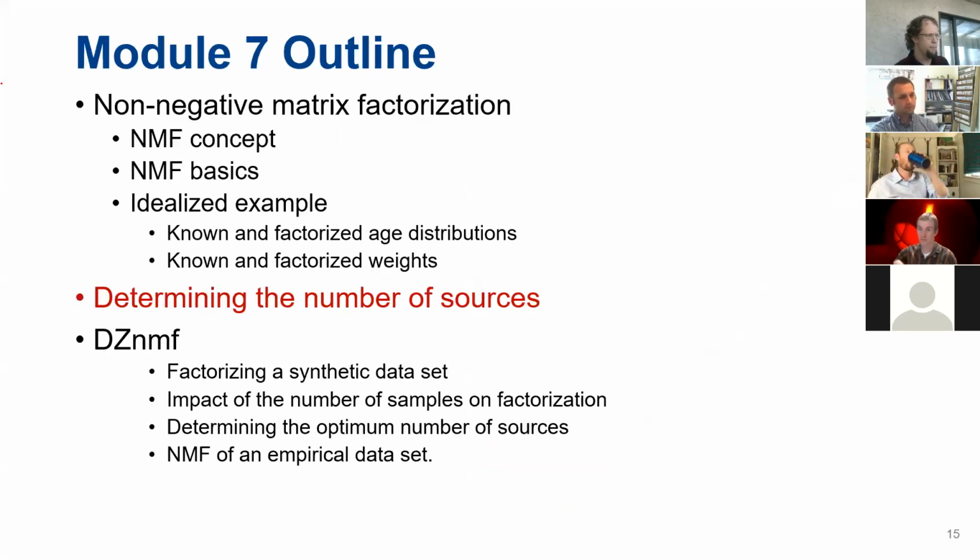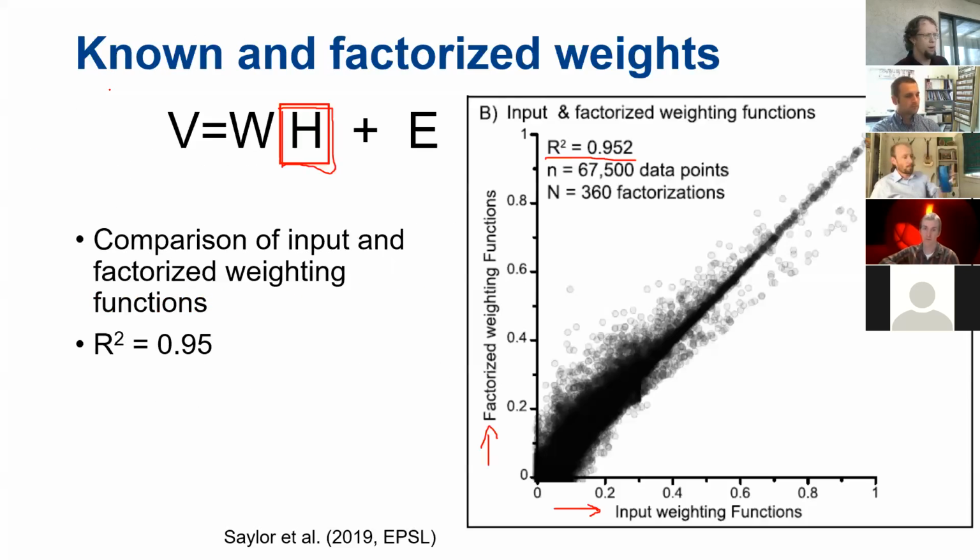So let's see. One of the things that I've swept under the rug so far, a dirty little secret, is that everything that I've told you so far assumes that we know how many sources there are, or the factorization rank. So I know that there are 10 sources in this 40 sample data set because I mixed it myself.